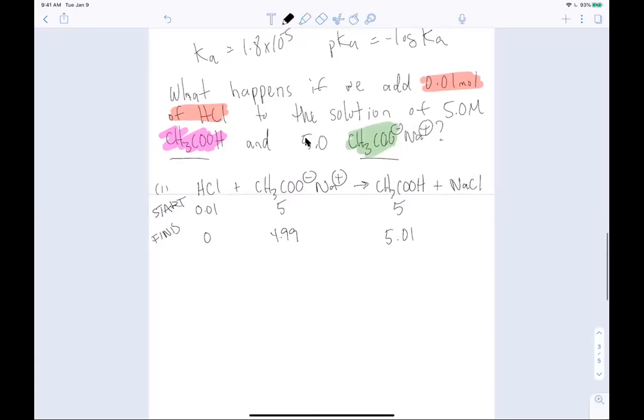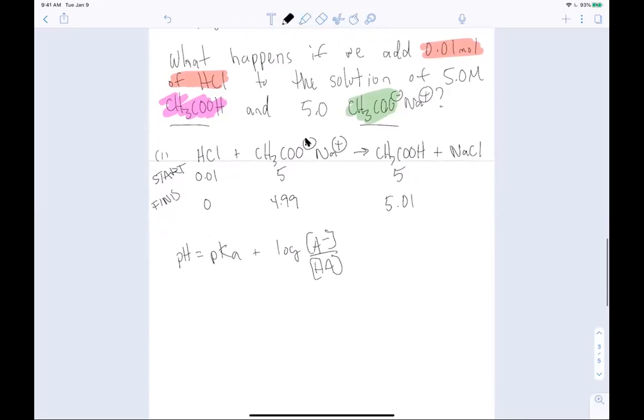Okay, so anyway, the result that we're looking at here is that, because we know we have a buffer, we can avoid a bunch of laborious rice table type calculations and just plug in our new values for A minus and HA. So in the original problem, A minus and HA were exactly equal.